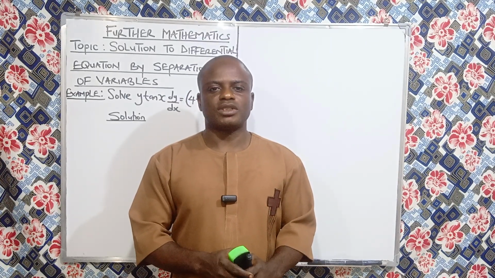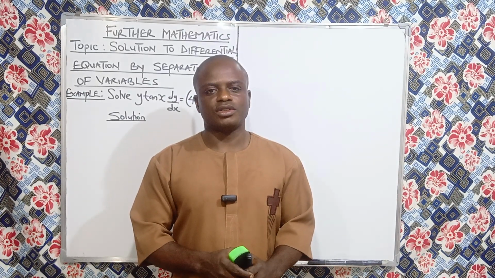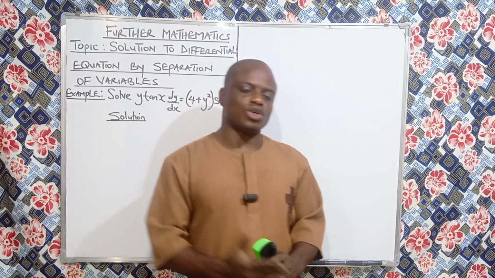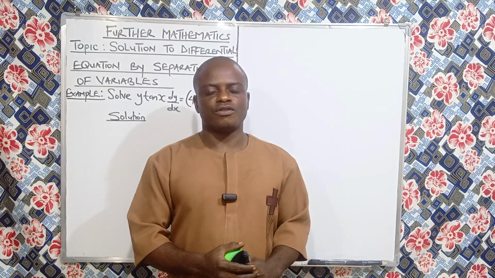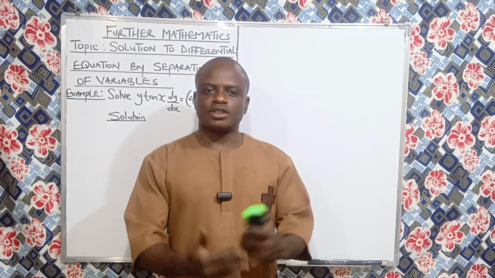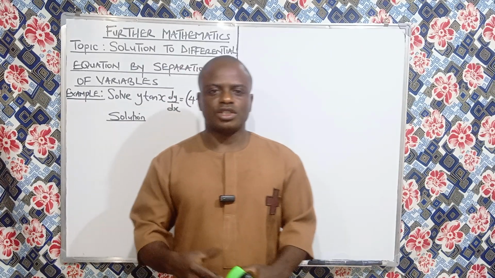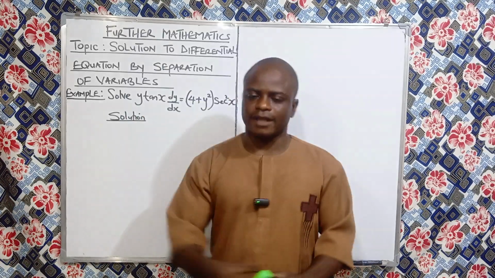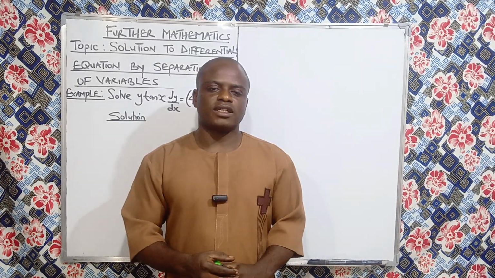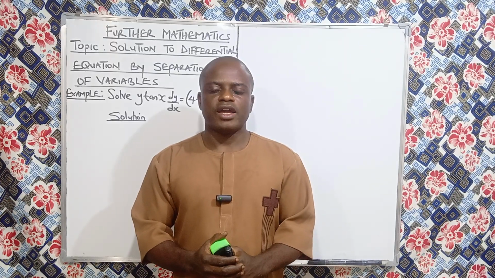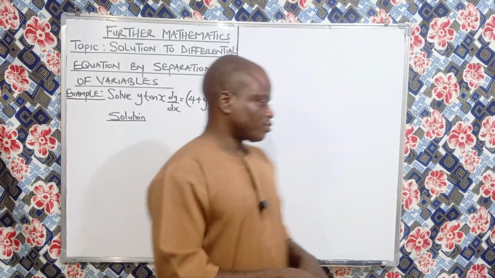We are considering a topic titled Differential Equations, with the application of separation of variables. We will be treating several questions that involve separation of variables, but we want to see the one that involves tan x: y tan x placed close to dy over dx.